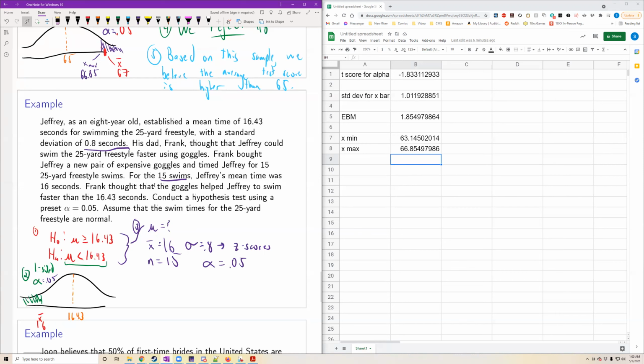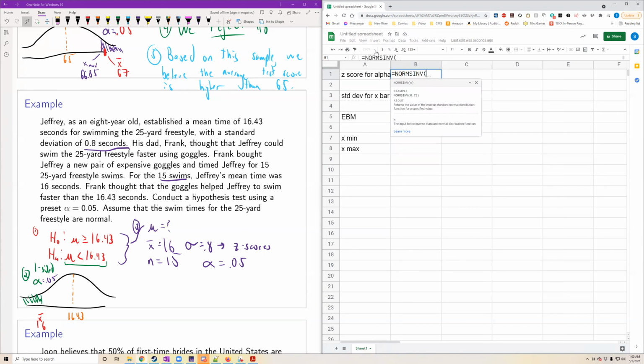Okay, let's do all our calculations. We need now a z-score for alpha. So we'll do norms inv of 0.05 gives us negative 1.64. Remember, we're not dividing it by 2 because it's a one-sided test. Standard deviation, we'll take the 0.8 divide by square root 15 gives us 0.206.